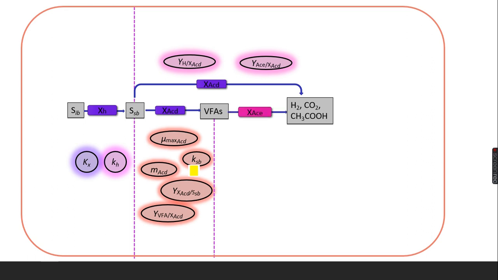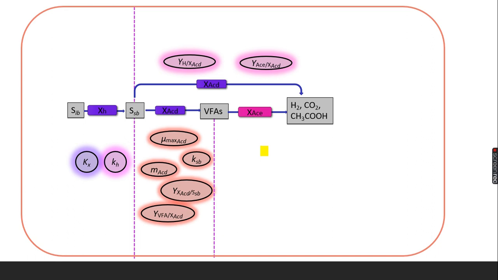Then the next step, we will have acetogenic bacteria, which is producing acetate from volatile fatty acid. So VFA to acetate production is done by acetogenic microorganisms. We are assuming it like this. It is not necessarily the only way the reaction will happen.